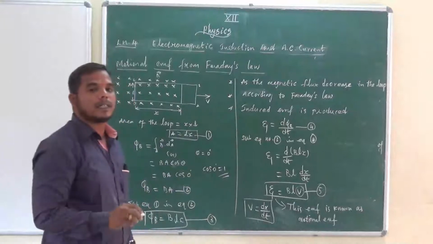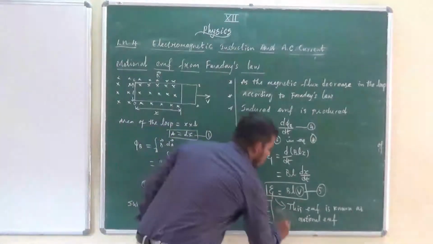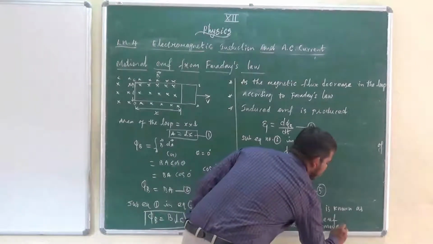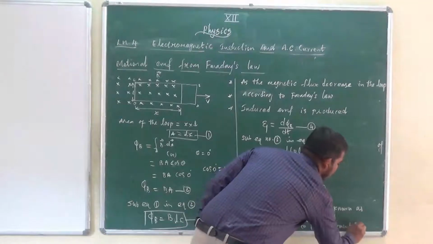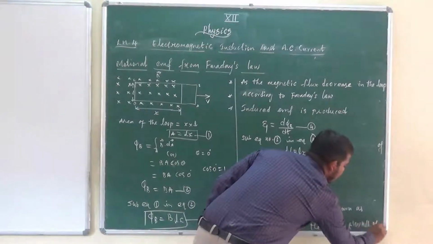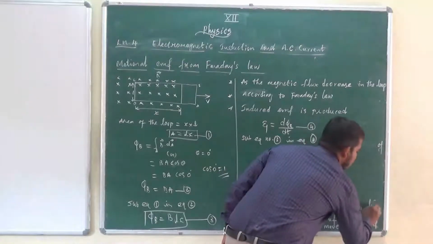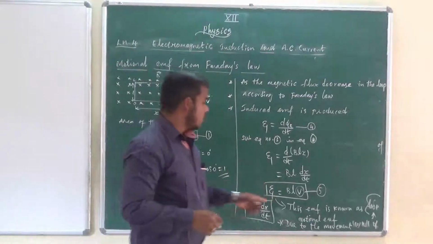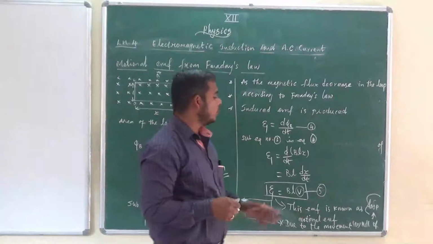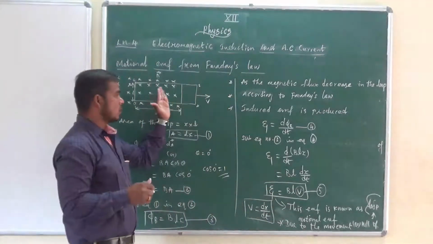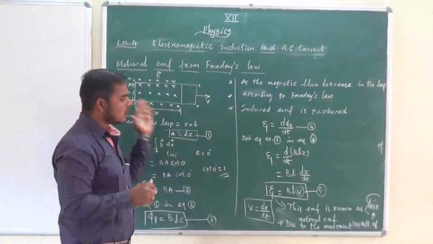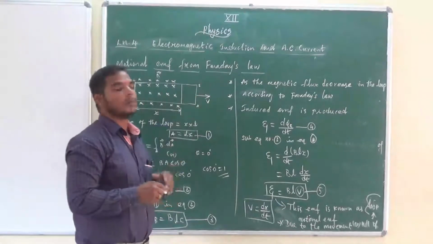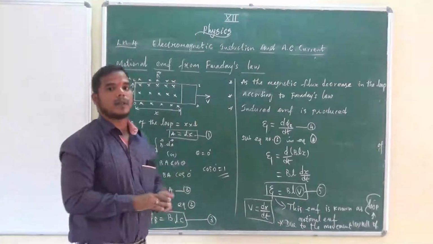How is this motional EMF obtained? It is obtained due to the movement or pull of the loop. The EMF is obtained because you have to move the loop with a constant velocity. That is the reason the EMF is produced.